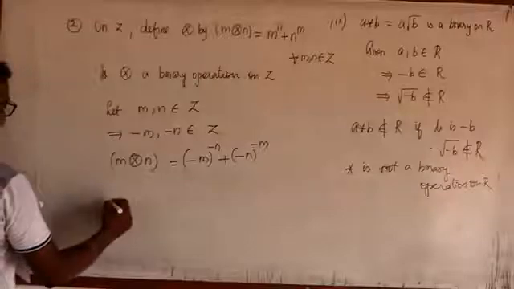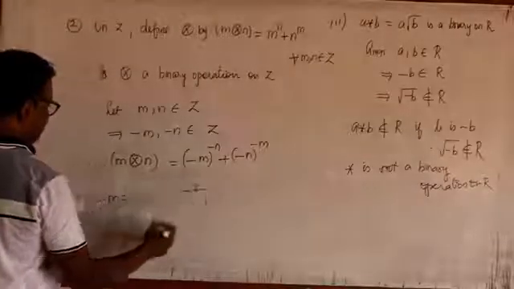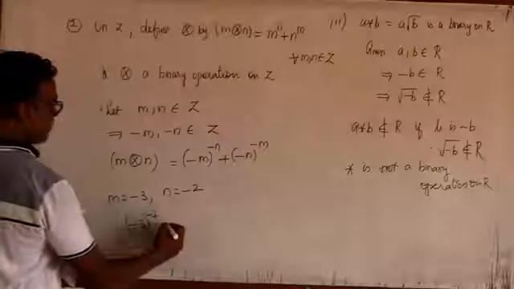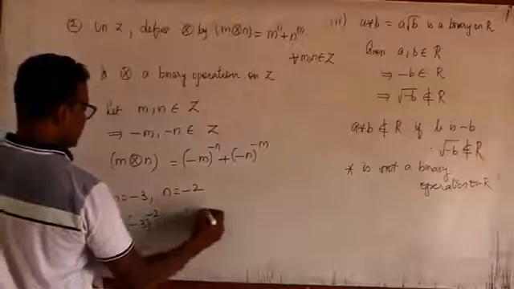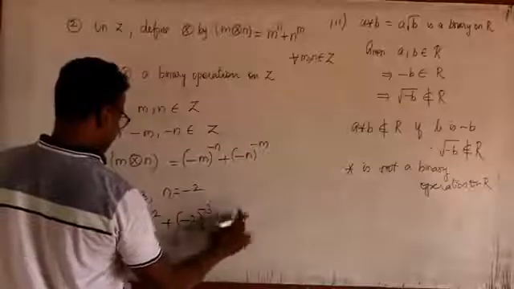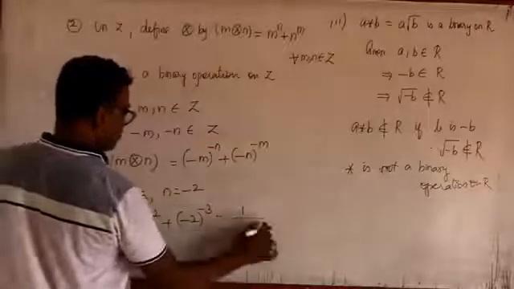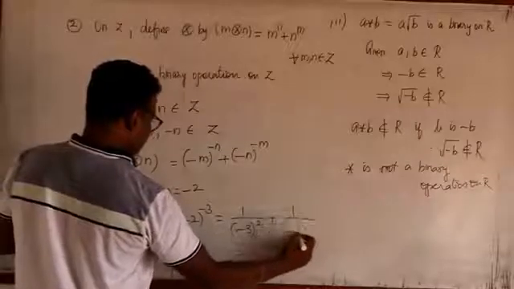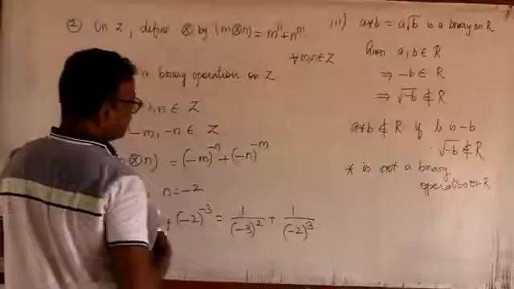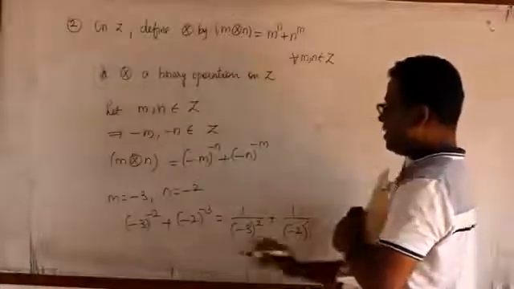Let m equal to minus 3 and n equal to minus 2. What will happen? Then it is minus 3 whole power minus 2 plus minus 2 whole power minus 3. That is 1 by minus 3 whole power 2, plus 1 by minus 2 whole power 3. This is for example.